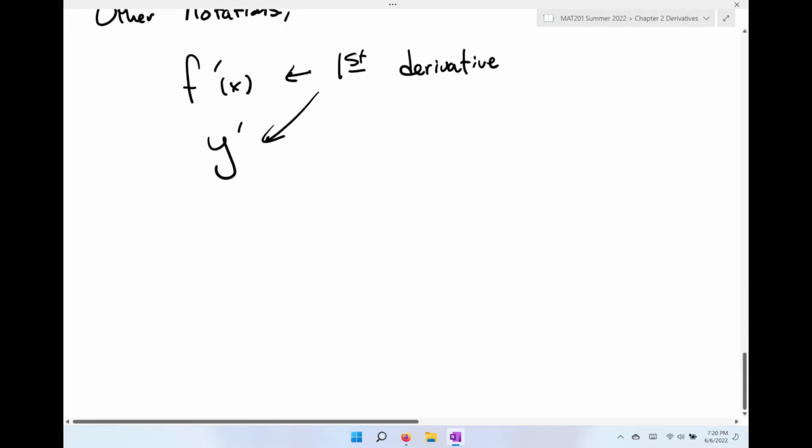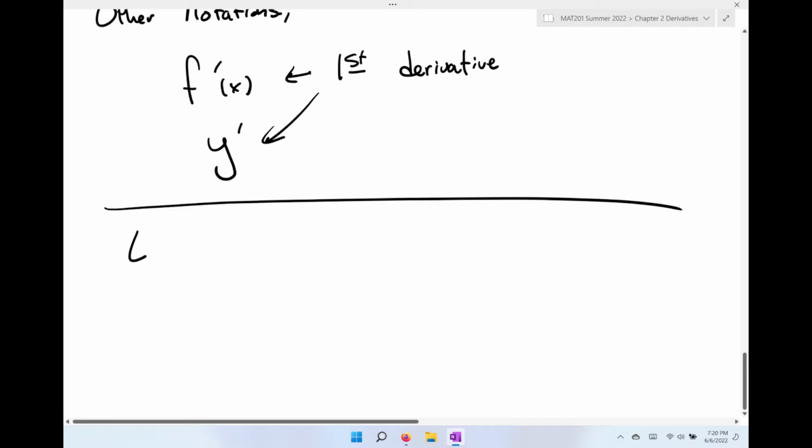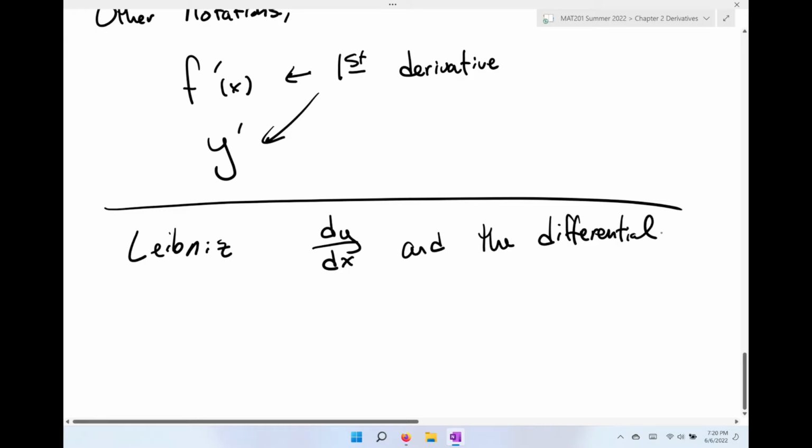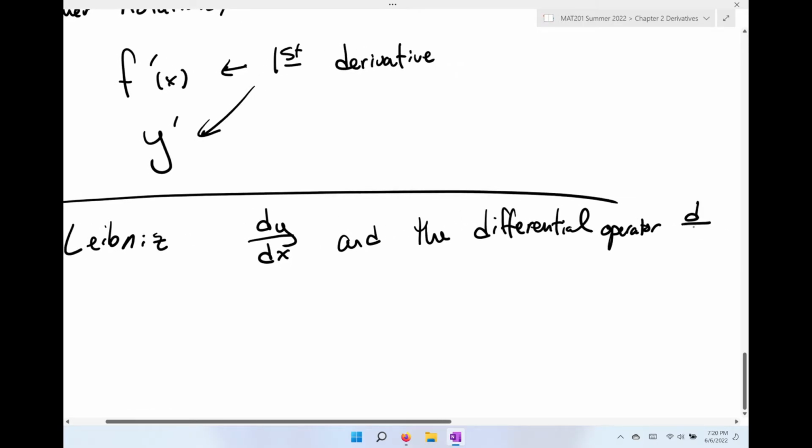Here's Leibniz notation. Instead of writing f prime of x, he wrote dy dx, and he called d dx the differential operator. All this stood for is just derivative.